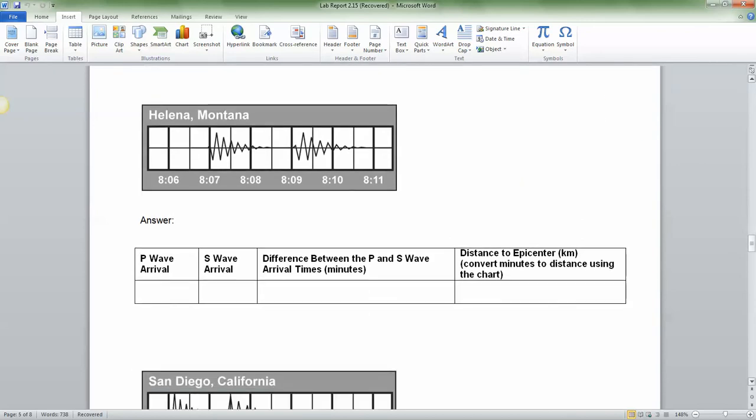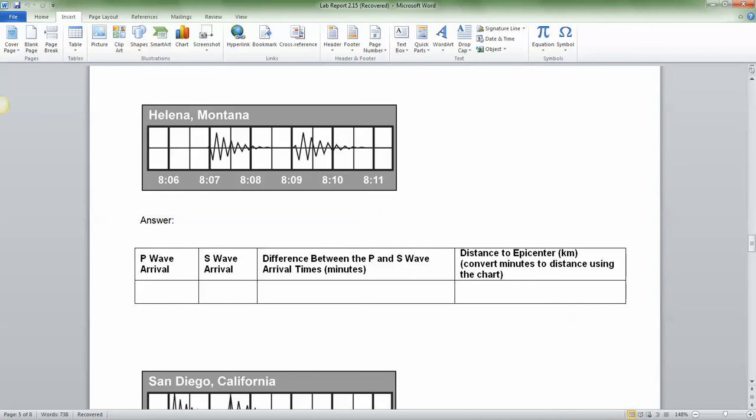So the first seismograph that you're going to look at is from Helena, Montana, and each one of these is a minute mark on the 8 o'clock hour. You can see that the P wave arrived in Helena at 8:07.